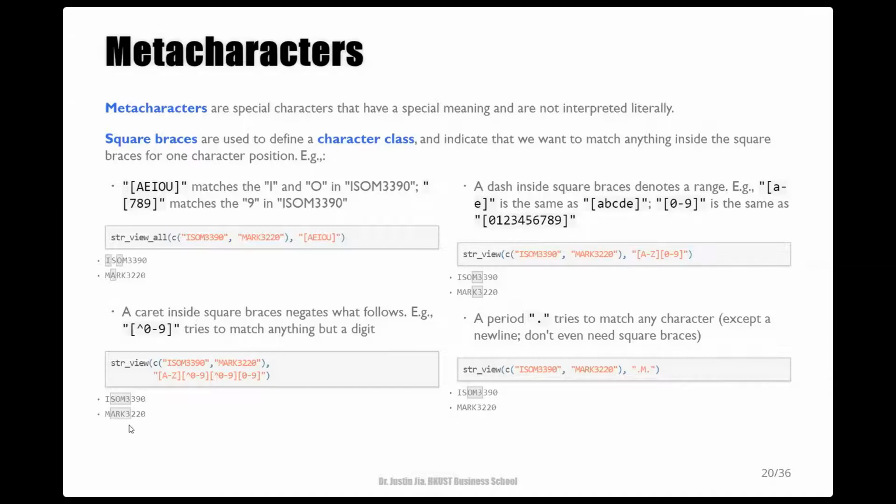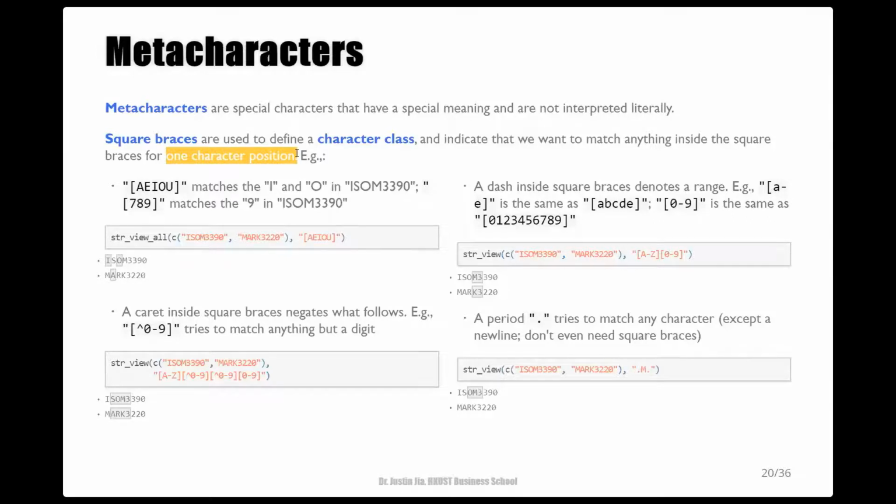In regular expressions, there are a number of tools used for matching more than one character. One of them is character classes defined by square braces. Square braces are also used for grouping, but they group a class of characters that we want to match for one character position.